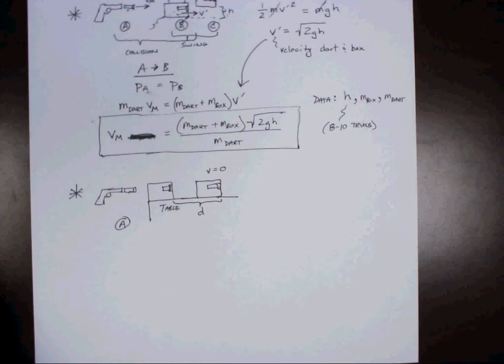Well, now what's that box going to do? It's going to slide off and finally come to rest after it's moved some distance d. Velocity is 0 there. Make sense? Now, how would we find the speed of the dart if we only knew how far that box slid off?